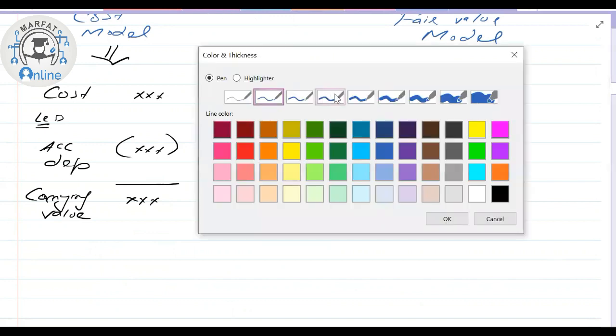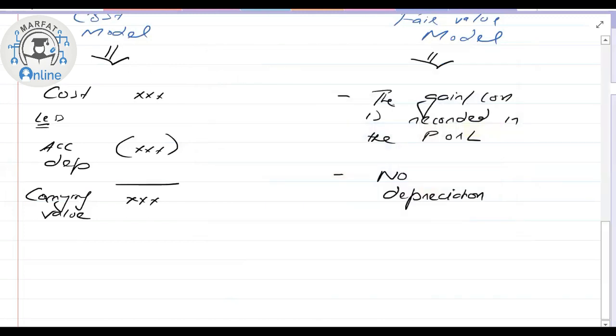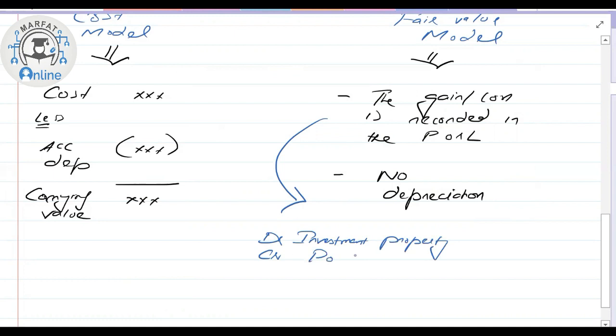Now the accounting entries are quite simple. If there is a gain, debit investment property, credit profit or loss. This is the gain, and if there is a loss, debit profit or loss, credit investment property.